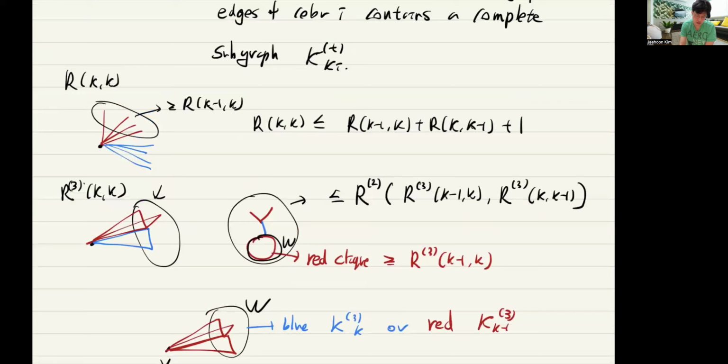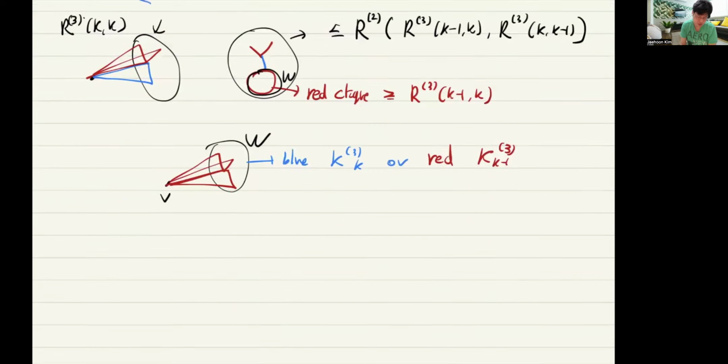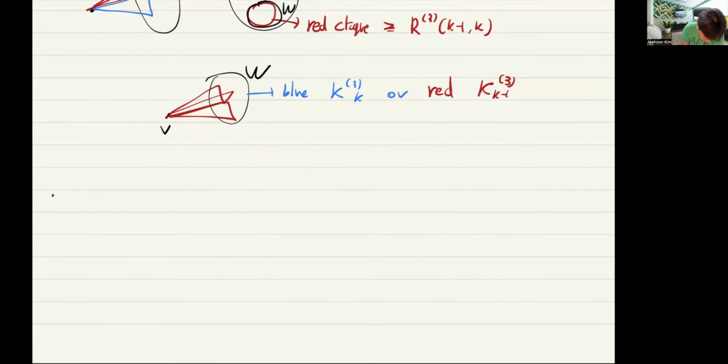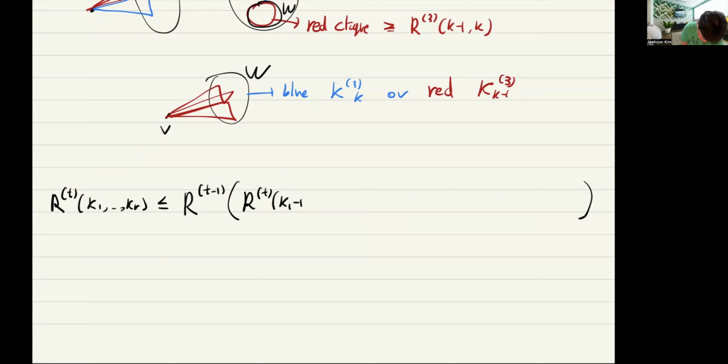You generalize this argument for graphs, and that yields the following bound in general. If you consider the t-uniform Ramsey number, then you take the (t-1)-uniform Ramsey number, and each component in this function is also a Ramsey number with one smaller in its coordinate.